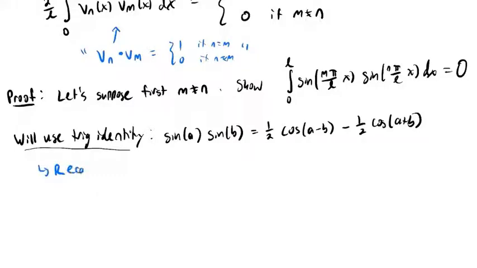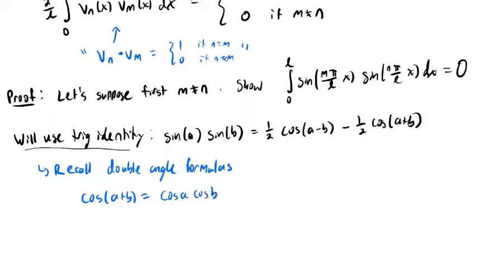You're probably more familiar with, although you may not remember how to prove, the double angle formulas. If you look at cosine of a plus b, this is the same thing as cosine of a times cosine of b minus sine of a times sine of b, which is exactly what we have above.